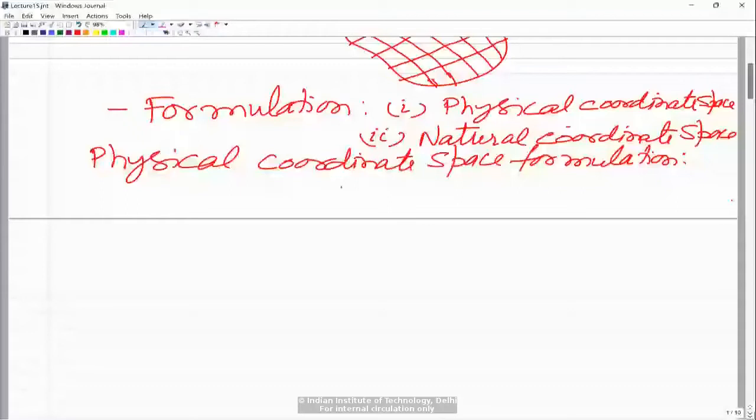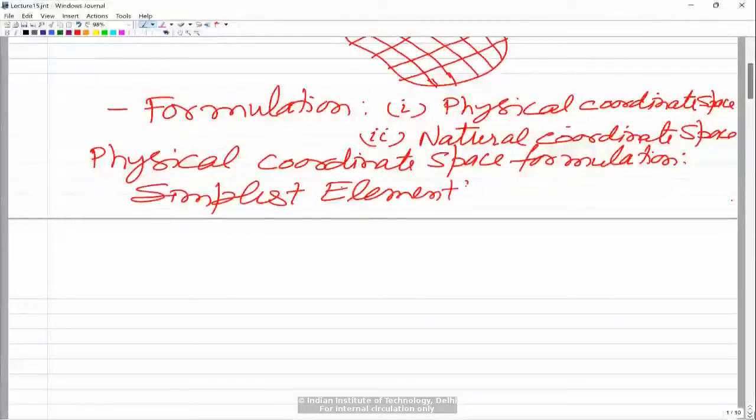But in 2D, you are going to discretize areas or surfaces. The simplest element we can use is a triangle, the three-noded triangular element.